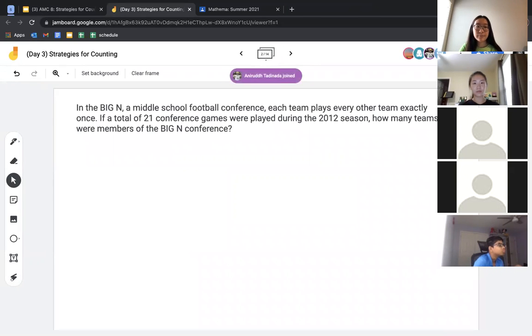Okay, so the first problem: in the Big N, which is a middle school football conference, each team plays every other team exactly once.